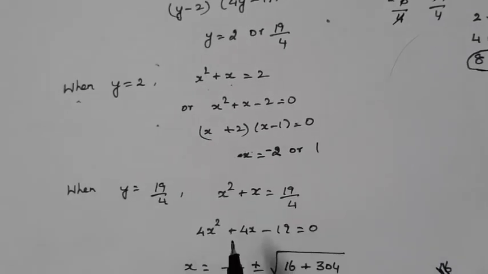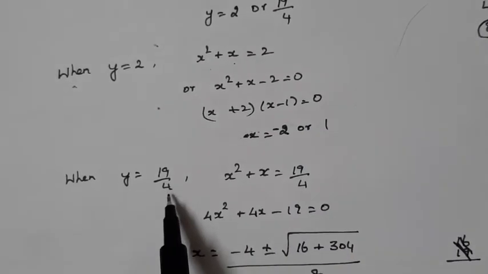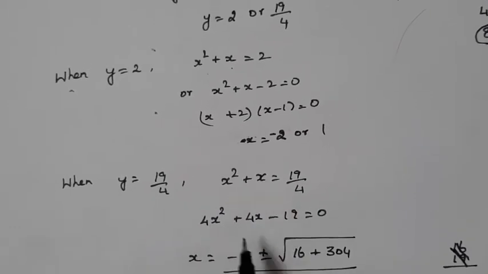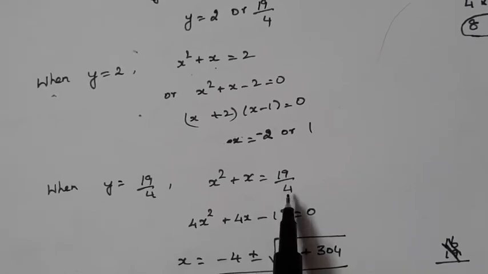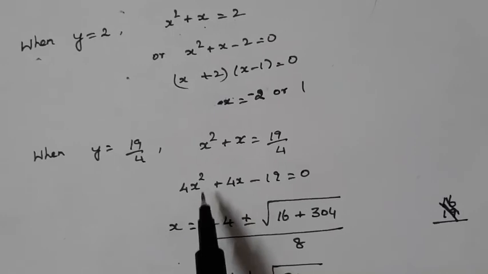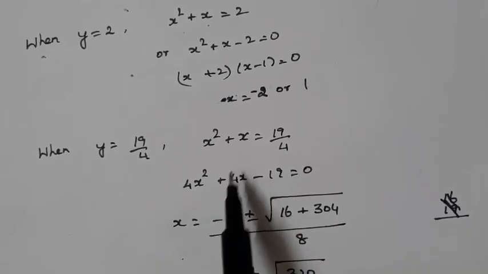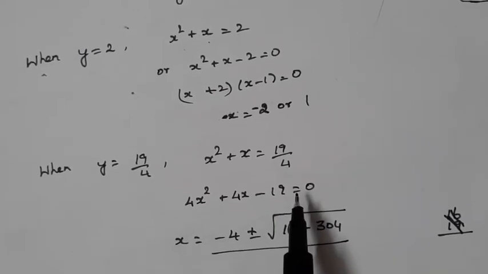Okay. Now what is the other value for y? 19 by 4. So equating 19 by 4 to x squared plus x, we have x squared plus x equal to 19 by 4. Then in order to remove the fraction, let us multiply throughout by 4. So we get the equation as 4x squared plus 4x equal to 19. So that will be minus 19 equal to 0.